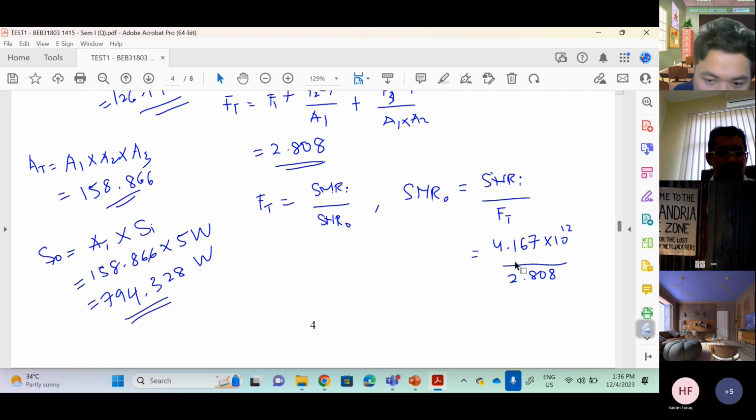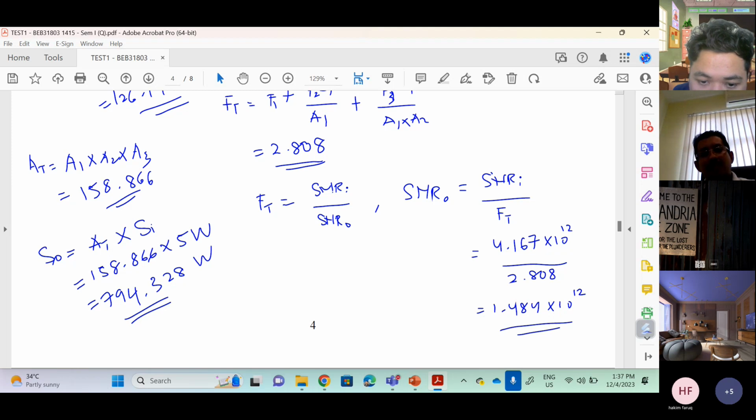So here 4.167 exponent 12 dibahagikan dengan 2.808, so you akan dapat 1.484 kali 10 kuasa 12. Okay, so dapat SNRO, so you boleh tahu NO.